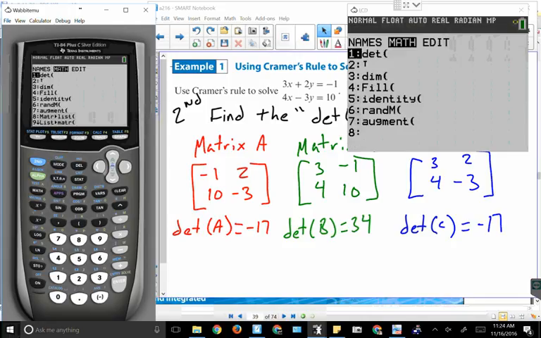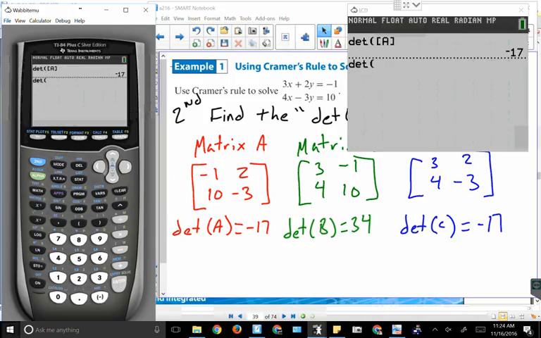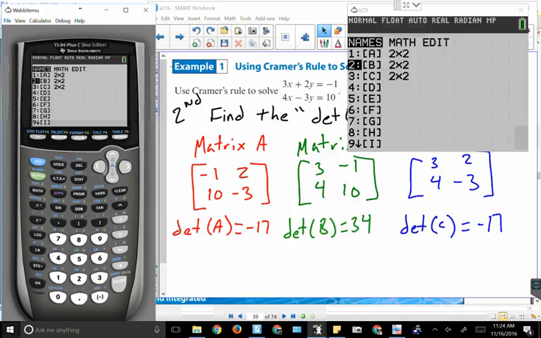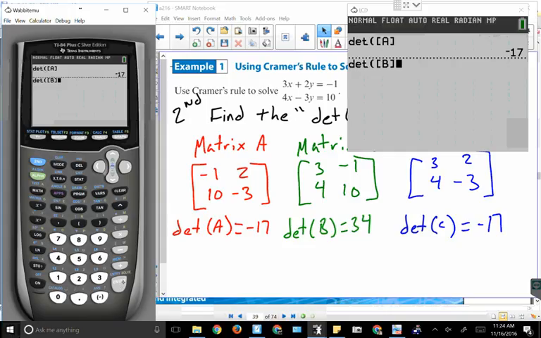Then we go over to where it says math. DET is on there, so we hit enter. And which one do we want the determinant of now? We already did A. B. So we go second, matrix. Scroll down to where B is highlighted. We press enter. Good. And now I got 34, which is what I need. Write it down.